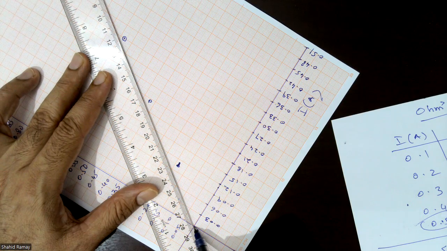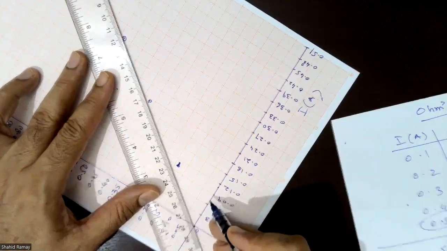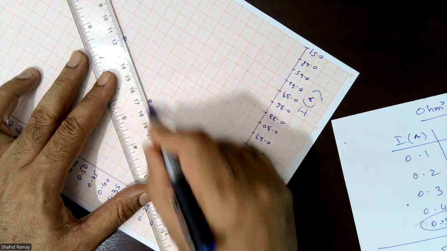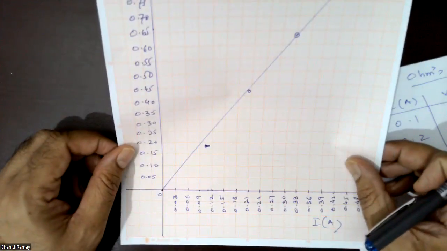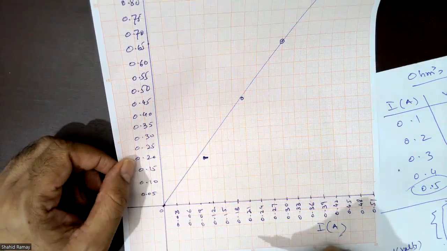Not all points are on the line. It doesn't matter. So draw the approximate line around between these points. Okay, so this is our line. Now you can see the line is starting from 0, 0.